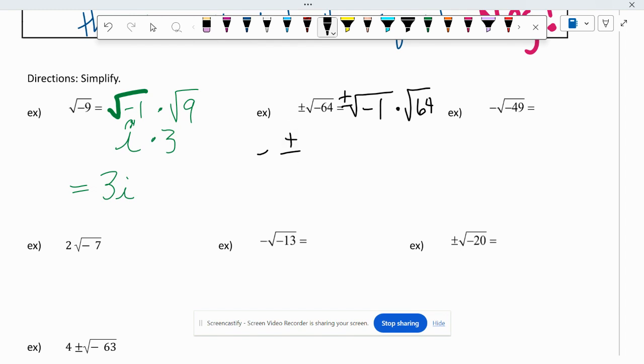So I have plus or minus. What is the square root of -1? It's cursive i. And what is the square root of 64? 8. So this means that your answer is either positive 8i or it is negative 8i.